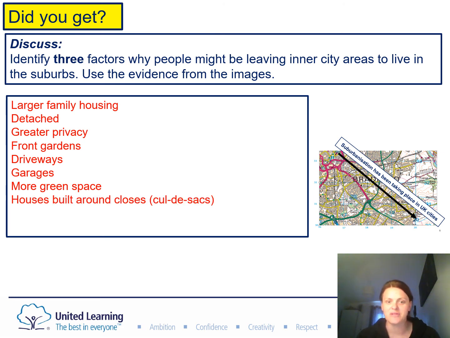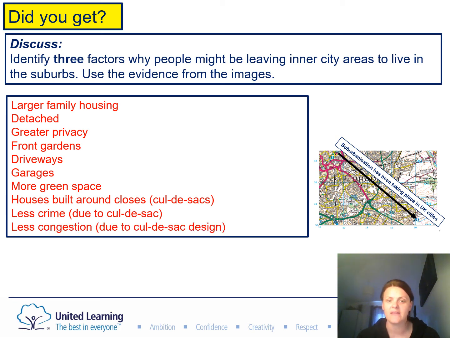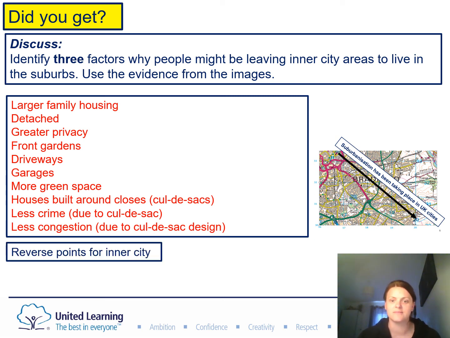Houses are built around closes or cul-de-sacs. That means it's safer as well. You haven't got lots of traffic zooming up and down your road. Less crime as well if you're in a cul-de-sac, because more people are going to be able to see what's going on. And there's going to be less congestion, as I said, because cars can't zoom up and down your road.